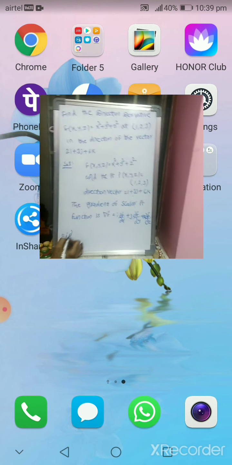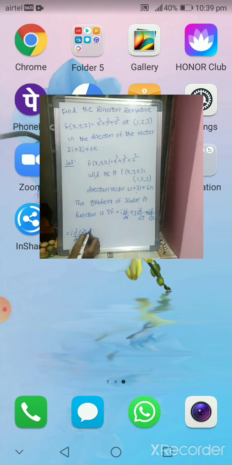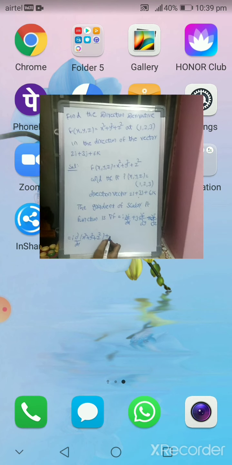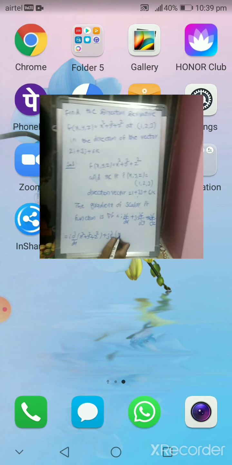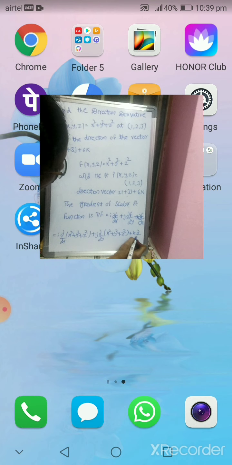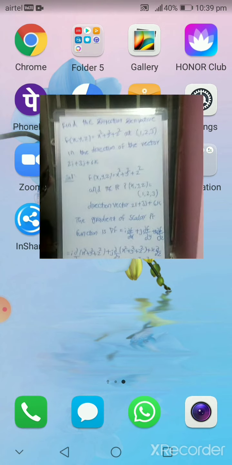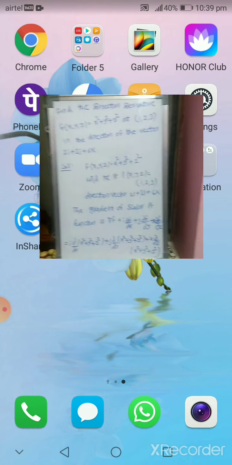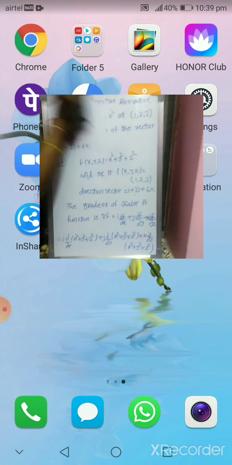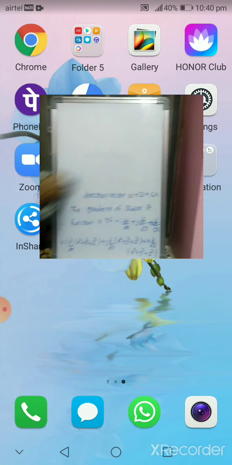So that is equal to i dou by dou x of x square plus y square plus z square, plus j dou by dou y of x square plus y square plus z square, plus k dou by dou z of x square plus y square plus z square. So this is the grad f. Here the point is given, 1, 2, 3. First we find grad f, and at the point 1, 2, 3 we evaluate grad f.